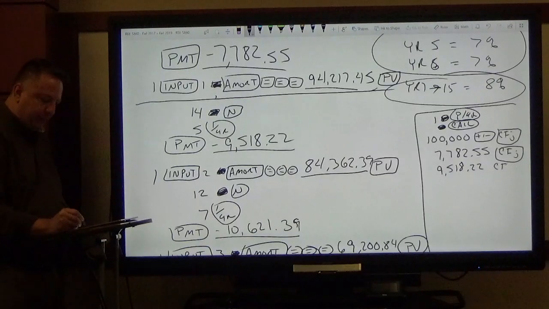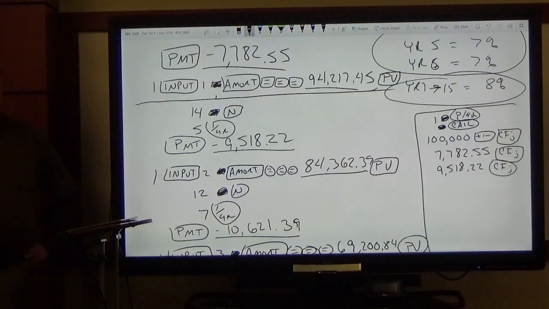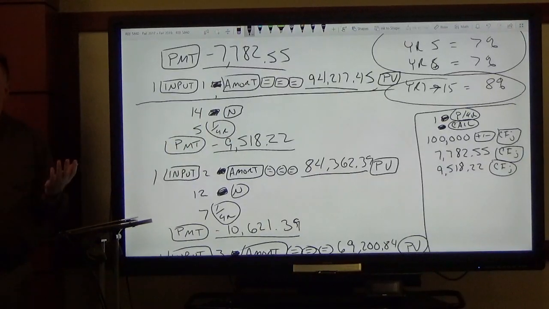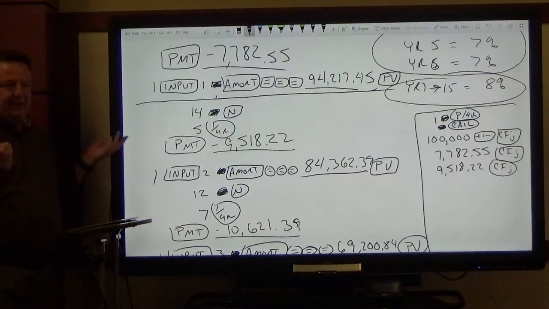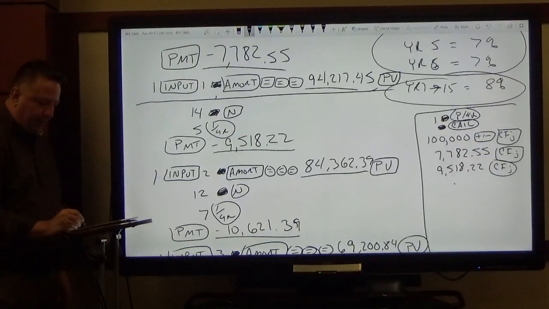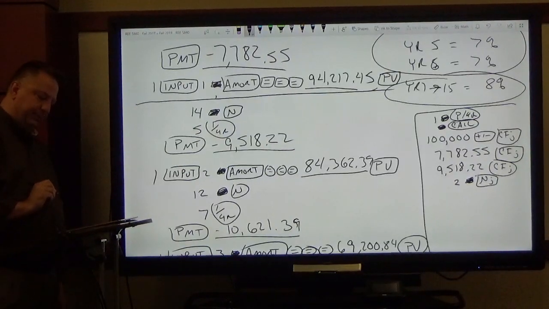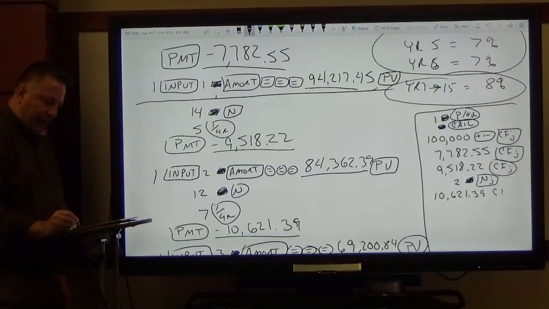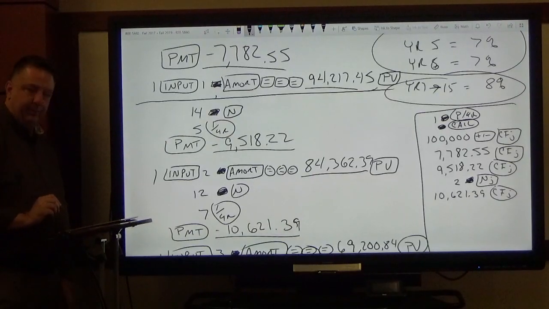Now we have a choice, because it's happening more than once, to just put the number in and put it in twice, or to use basically the n sub j function, which does it for us, saves us a teensy bit, not a whole lot, of calculator entry. So we can just enter 2, that happens twice, shift n sub j. Then we get 10,621.39 as the lender, and we get that for how long? 3 years.